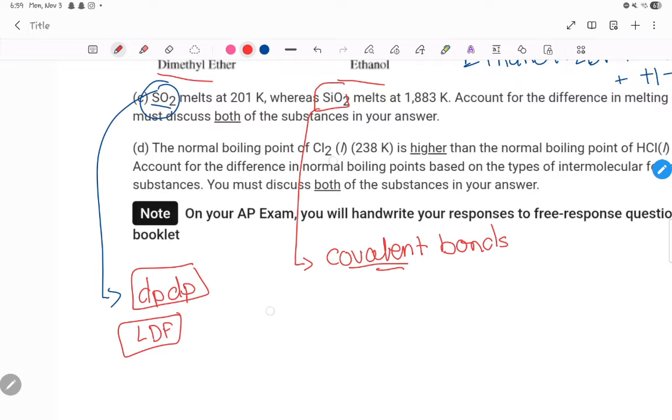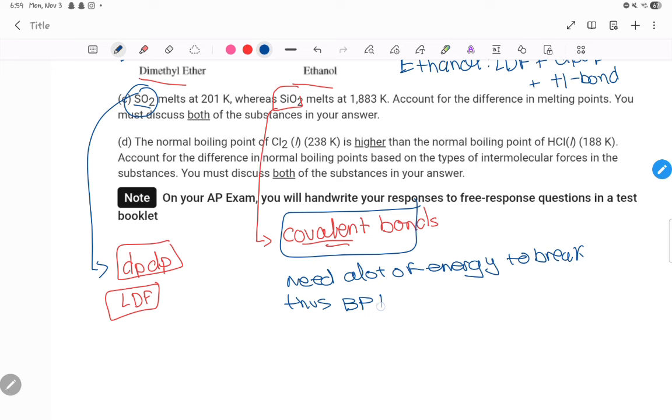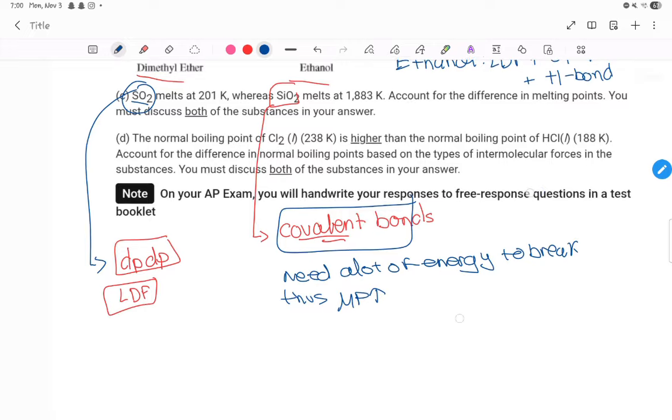Covalent bonds are much stronger than dipole forces, so we can say covalent bonds need a lot of energy to overcome and break. This is why the, sorry, we're talking about melting point, so this is why the melting point increases. Of course, everything I just said, you need to write in paragraph form.